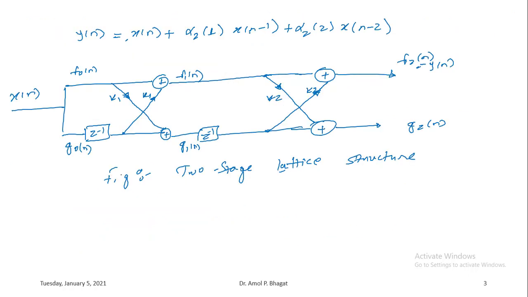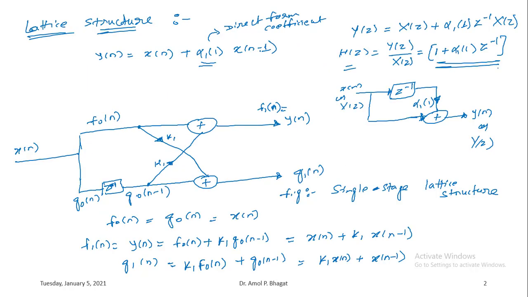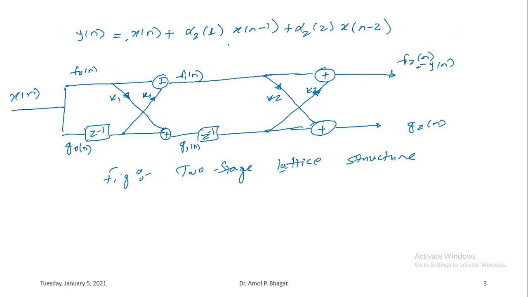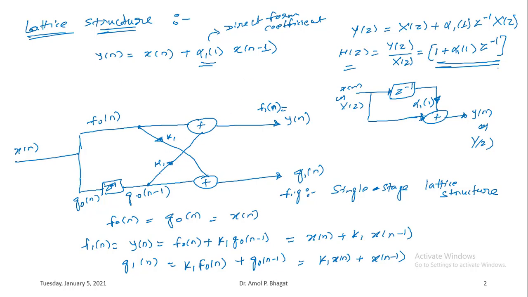Similar sort of realization, that is direct form realization, you can obtain for this second order equation, right, by obtaining its system function. Okay, so you can try it at your own end, as well as you can try to identify the equations here, that is y of n and g2 of n equations. What you have obtained here for y of n and g1 of n, right?